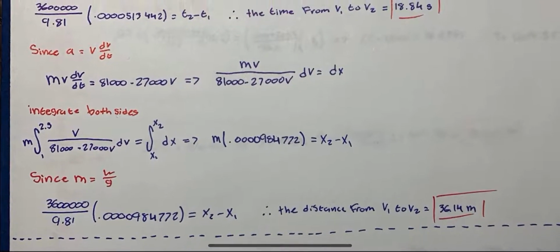Then we can split the equation into like terms, integrate both sides, and then get the difference in position this time after plugging in all the known values, and get 36.14 meters.